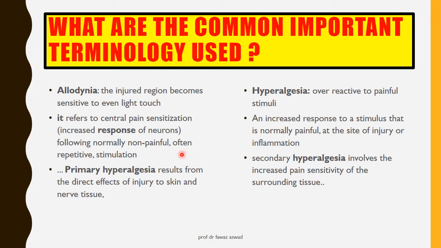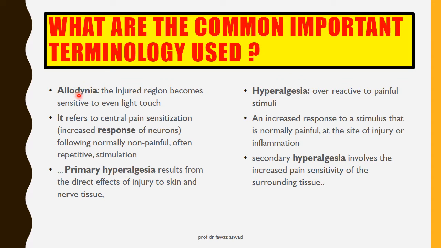And there is a common terminology which is going to be used during the study of pain. Allodynia, which is considered to be the most important in the terminology of pain, is where the injured region becomes sensitive to even a light touch.